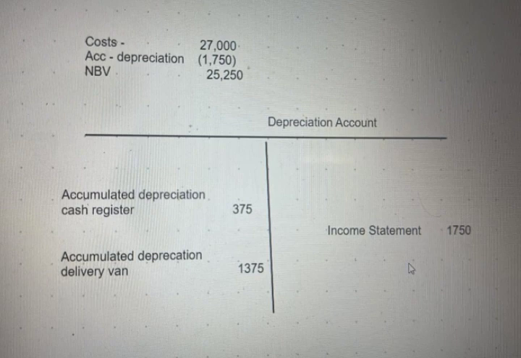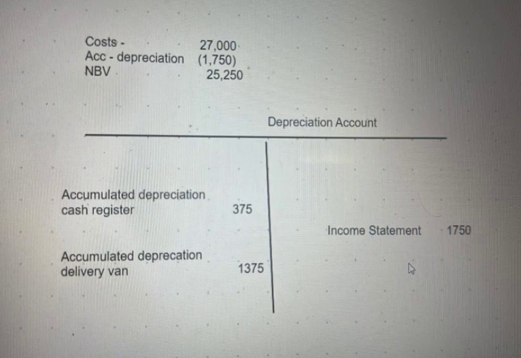So when you're preparing your balance sheet, your assets will have a cost over here of 27,000, the total. And then from that, you will subtract your accumulated depreciation, which is 1750, and you will get the net book value of your assets, or the carrying value, which is 27,000 minus 1750.